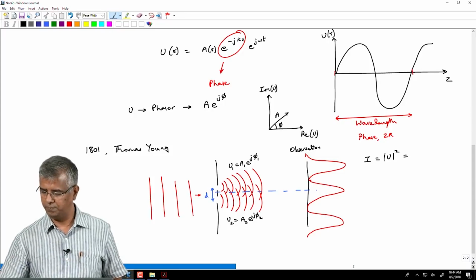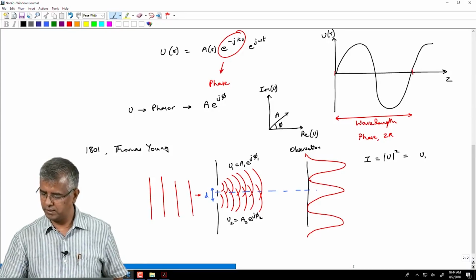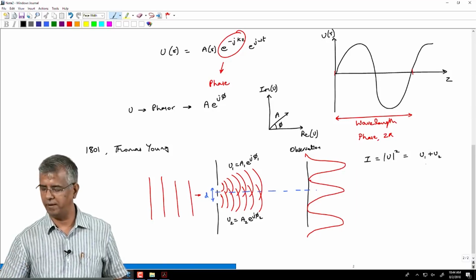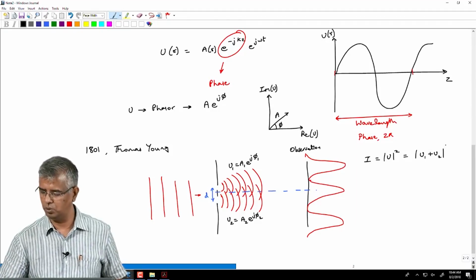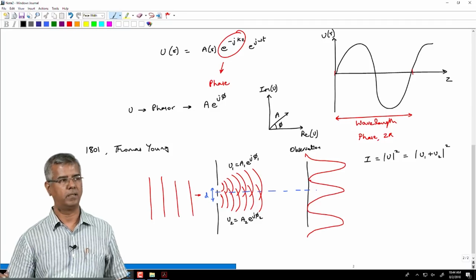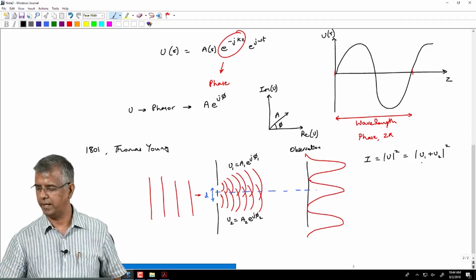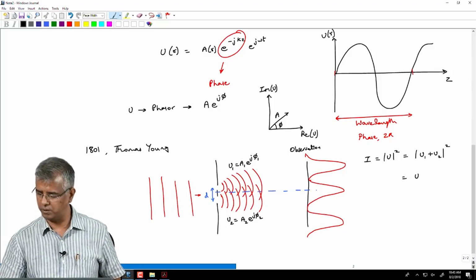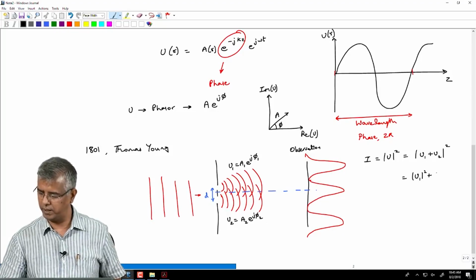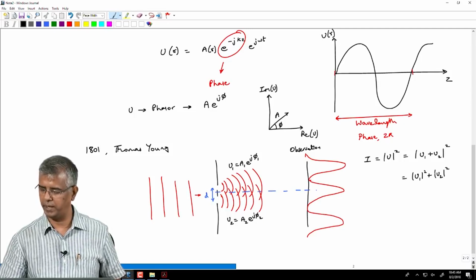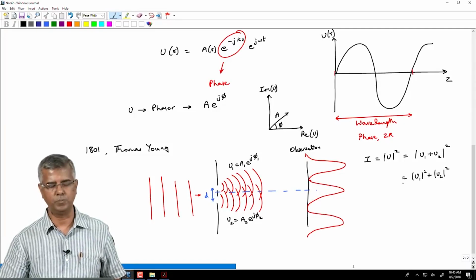So U consists of contributions from both waves, u1 plus u2, and both are complex quantities. When you do this square, what you get is u1 square plus u2 square and then the beat terms between them.